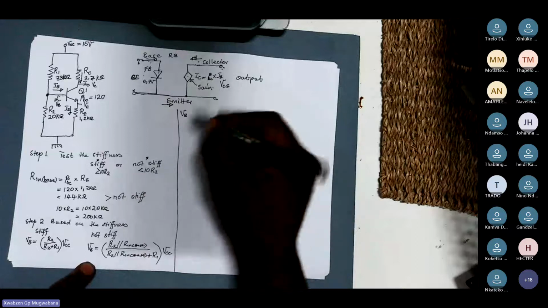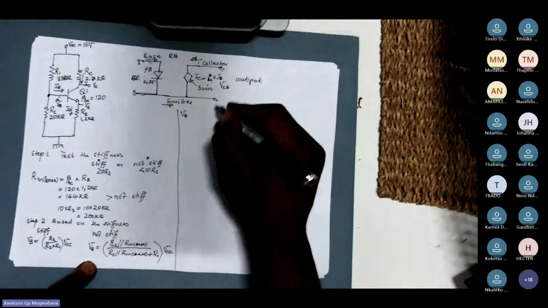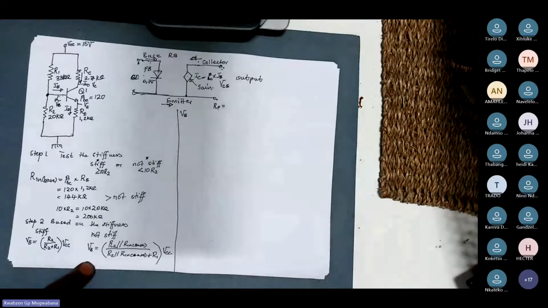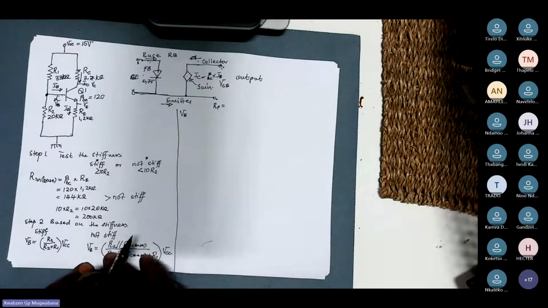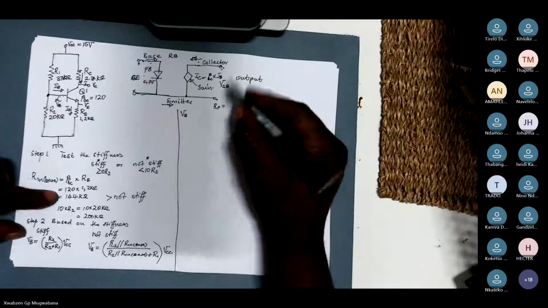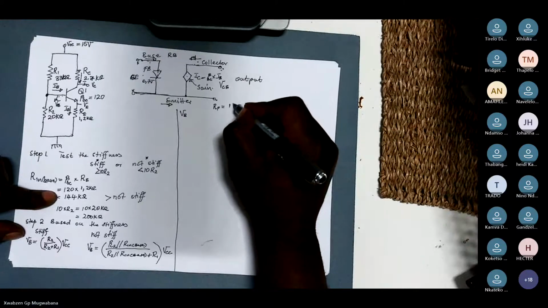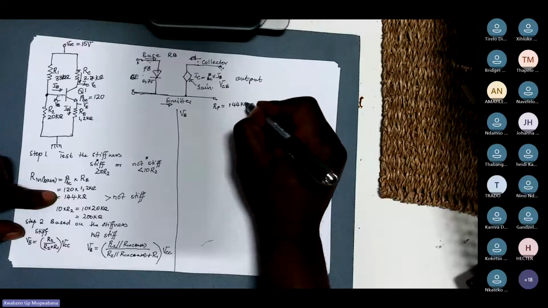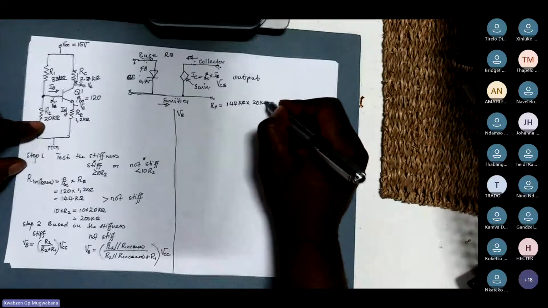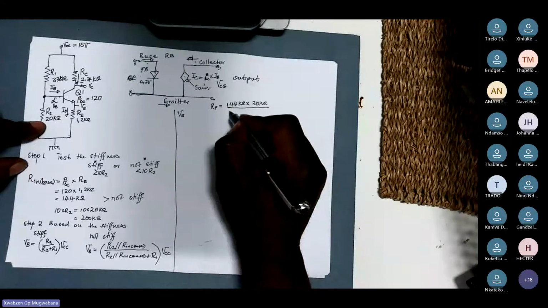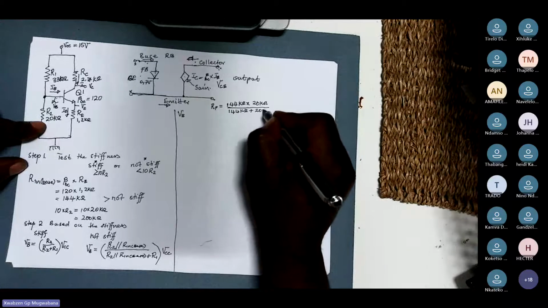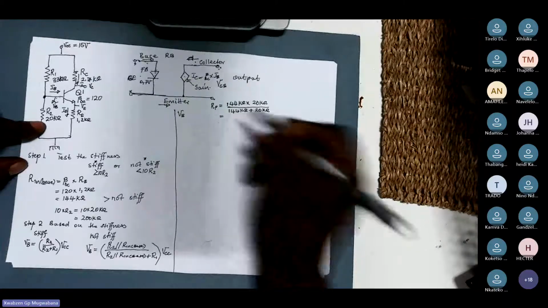My R parallel will be given by R in base, which is 144 kilo ohms, multiplied by your R2, which is 20 kilo ohms, divided by 144 kilo ohms plus 20 kilo ohms, which gives me what?